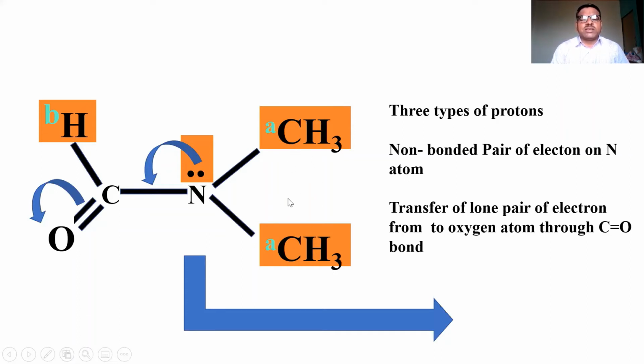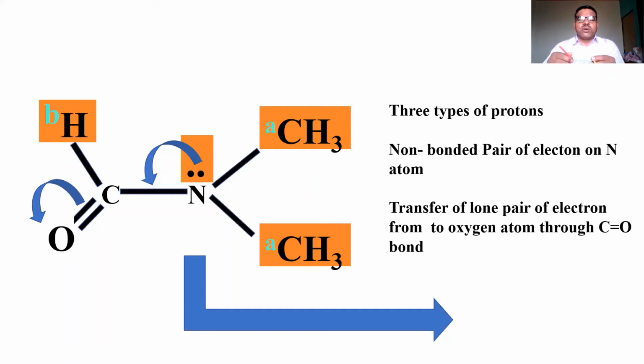Both methyl groups are similar, because consider the nitrogen atom here, with a lone pair present on this nitrogen atom. But the nitrogen and the carbon have a single sigma bond, so you can have free rotation very easily.